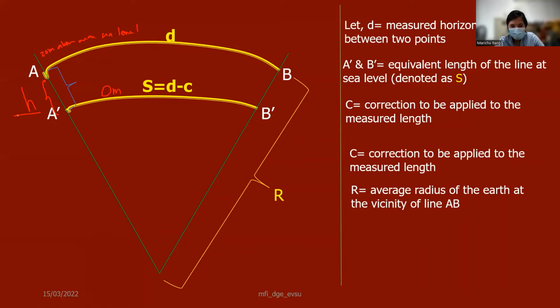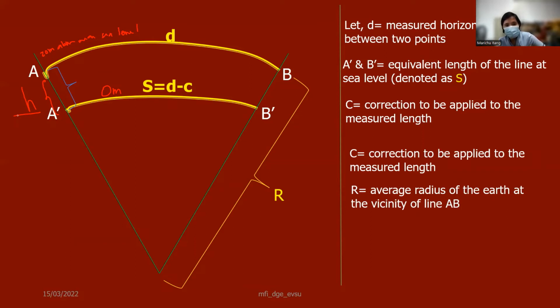Okay? So if this is H again, then the distance from here to here is R minus H. So also this one here, hanggang doon sa baba is our R minus H. Now, our target is how are we going to determine the value of our C?